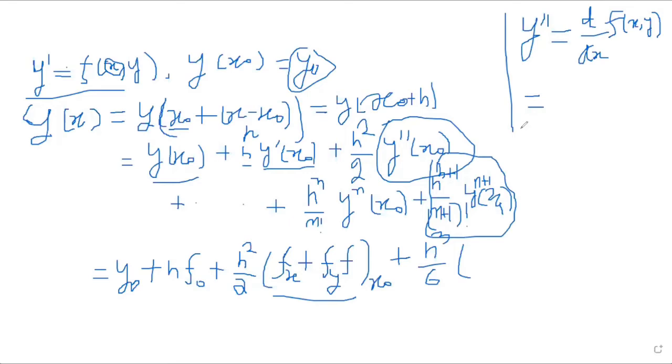Y triple prime is equal to dy by dx of y double prime, dy by dx of fx plus fy f. So just quickly calculate and simplify, f xx plus f xy.